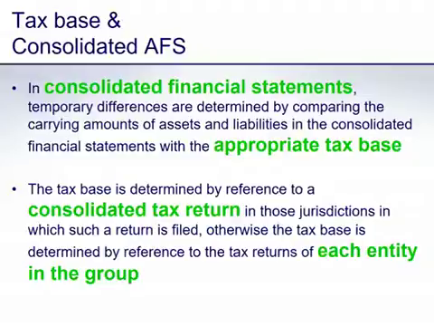But you might find that the carrying amount changes in the consolidated financial statements as compared to the separate financial statements of the respective entity, particularly where adjustments are made, for example, to align accounting policies between different entities in the group, as well as to take into account the differences in carrying amounts that arise from applying business combination accounting at the initial recognition of a subsidiary that's been accounted for in terms of IFRS 3, business combinations.